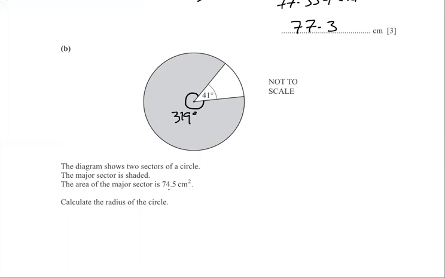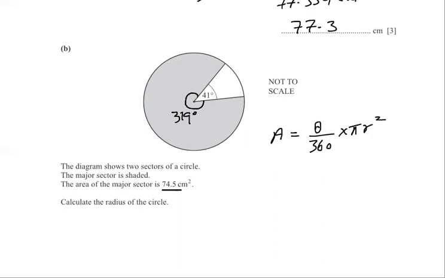The question is: the area of the major sector is 74.5. Calculate the radius of the circle. Now, what is the formula for the area of a sector? Area of the sector is always theta over 360 multiplied by pi r squared.